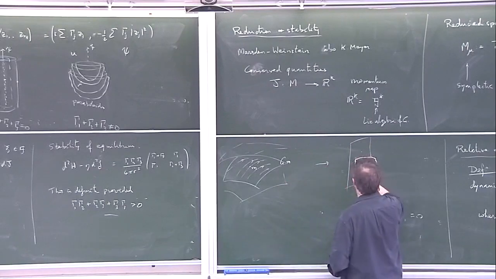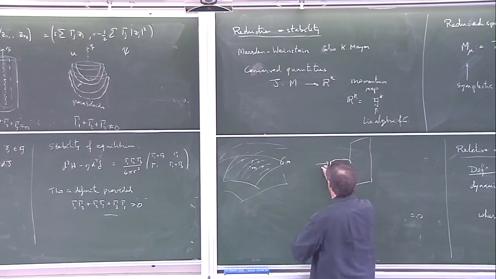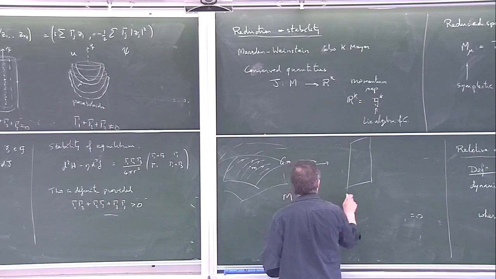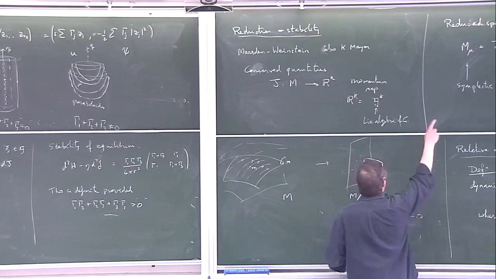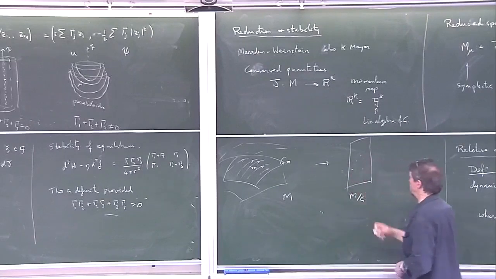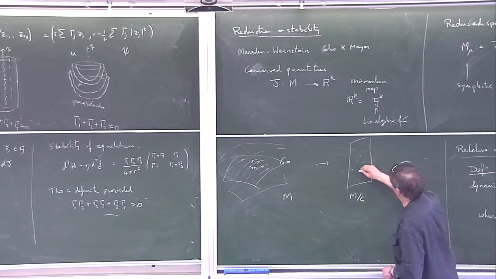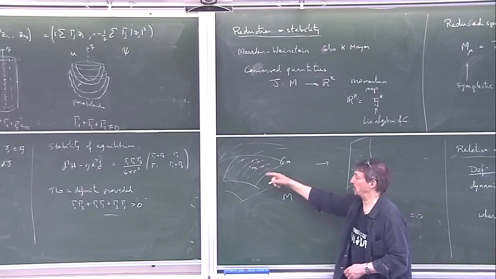So this is M, or the reduced space, M over G. Each point here corresponds to a whole orbit.